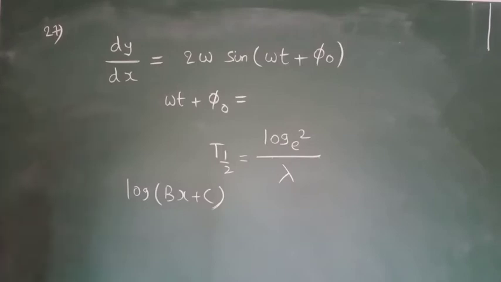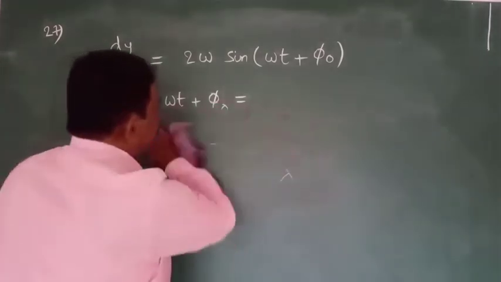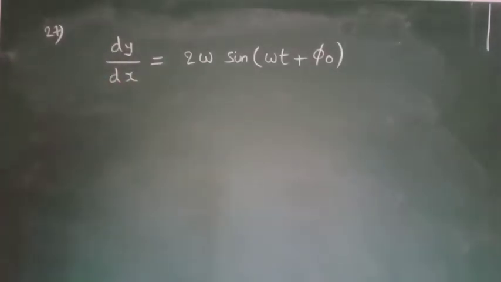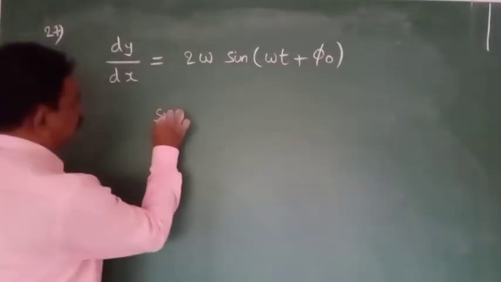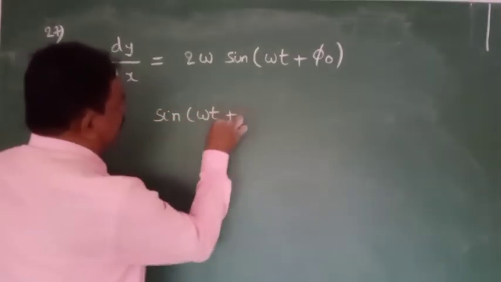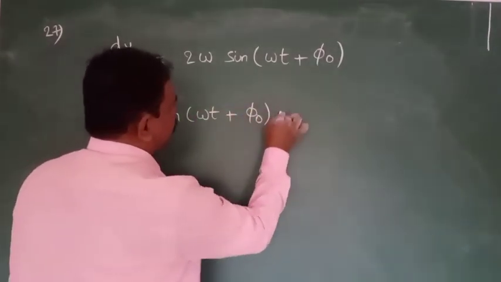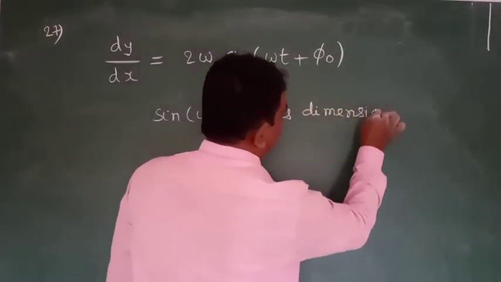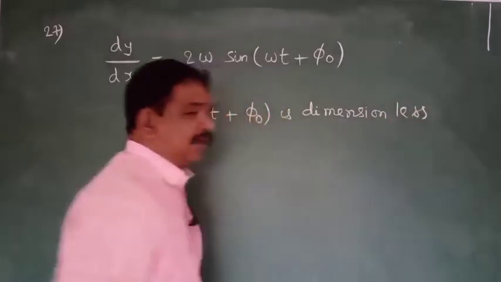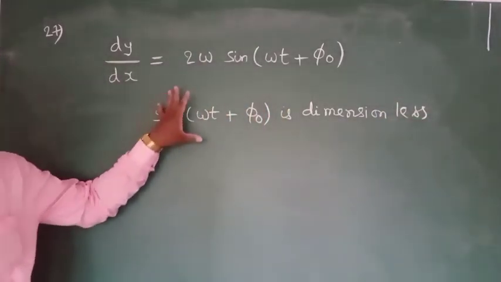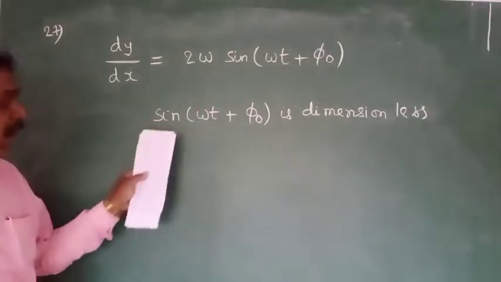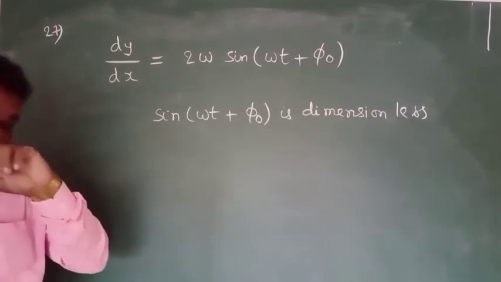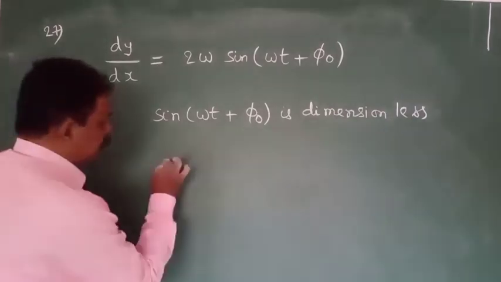So if you take sine of omega t plus phi naught, it is dimensionless. Understanding? Since sine of omega t plus phi naught is dimensionless, automatically whatever is inside that trigonometric function is also dimensionless.